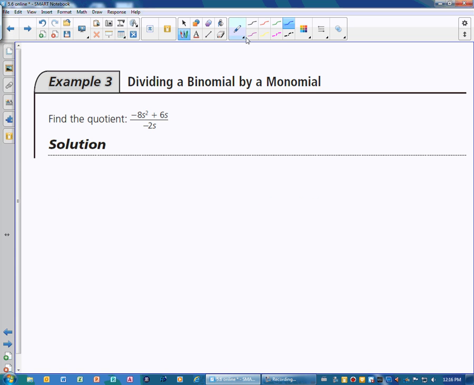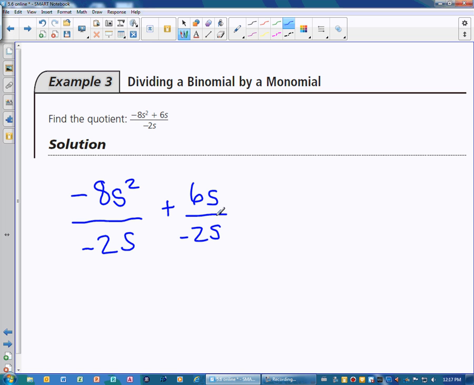So if we go through this example here, we have find the quotient of negative 8s squared plus 6s divided by negative 2s. So hopefully you remember from when we did this before that I want you to separate them into two separate fractions. So negative 8s squared over negative 2s plus, okay, this plus here, 6s divided by negative 2s.